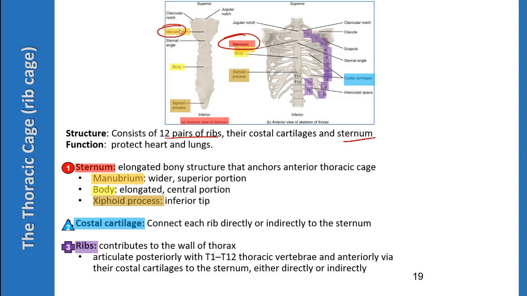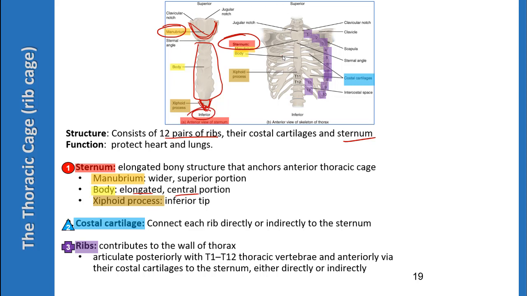The manubrium, which is the superior or top part, and you can see it's wider. The body, which occupies most of the sternum, right? It's long, it's the center part. And then the sword tip, as I like to call it, which is called the xiphoid process, and that's right down the inferior portion of the sternum.